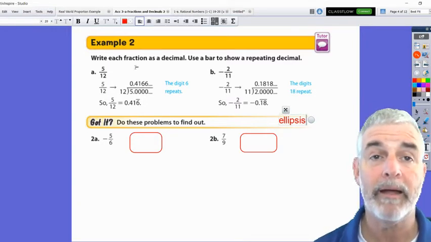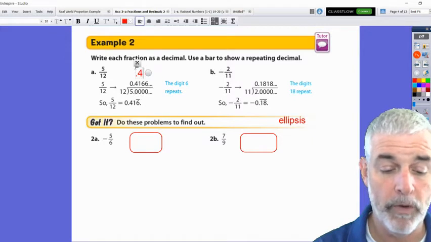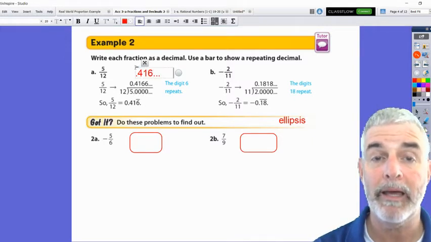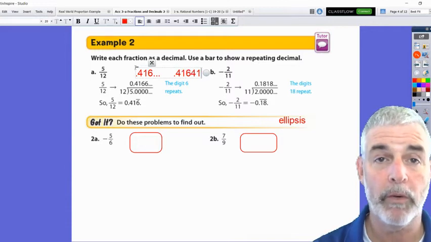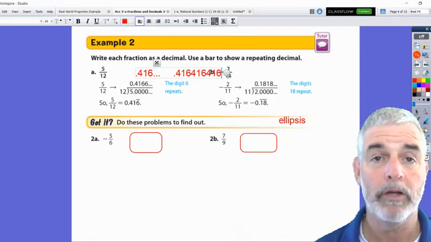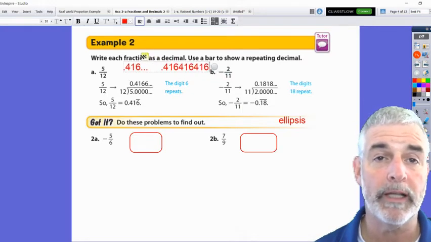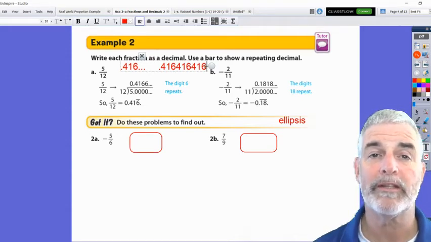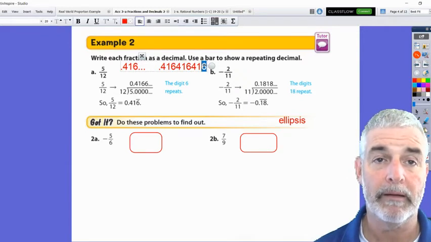If you wrote that, to me that would imply 0.416416416, right? Which is not what we want. So you have to make sure if you're going to use the ellipsis that you provide enough of the repeating pattern so that it is obvious what things are repeating, okay?